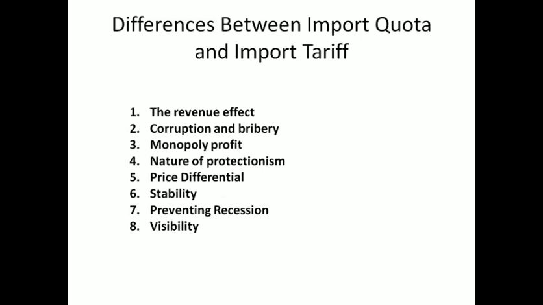Then this also talks about visibility, because import quotas, if we consider, are less visible, whereas the import tariffs are more visible to the economy, because the foreign exporters may absorb all or part of the tariff by increasing their efficiency of operation or by accepting lower profits.